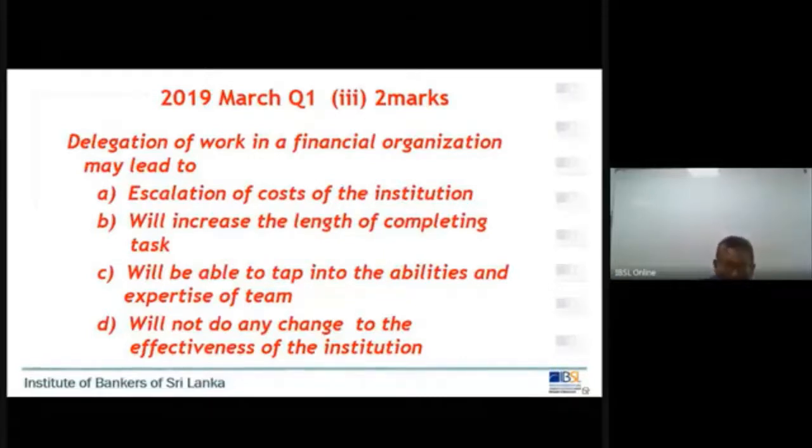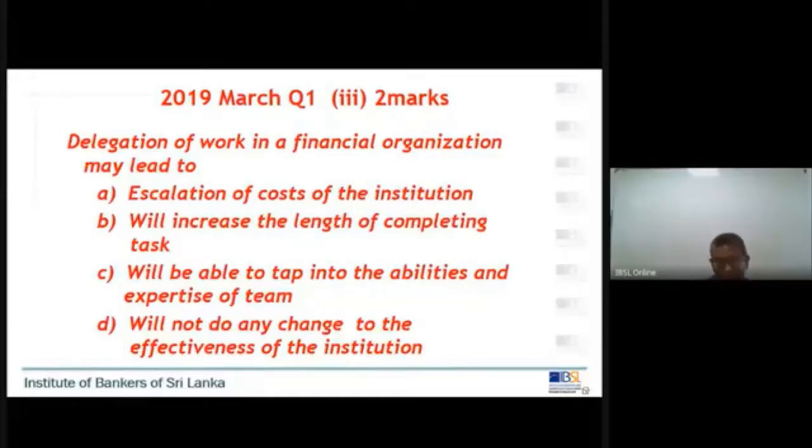Look at the other one, D: will not do any change to the effectiveness of the institution. So the answer should be either C or D. How do we eliminate? Through delegation, what you are trying to do is create effectiveness through efficiency, because other people get to know how to do other jobs if the need arises.